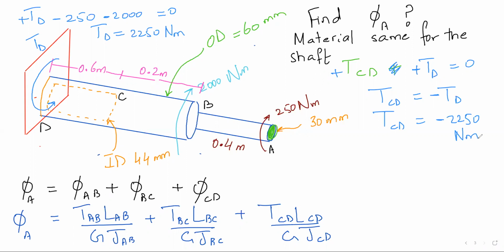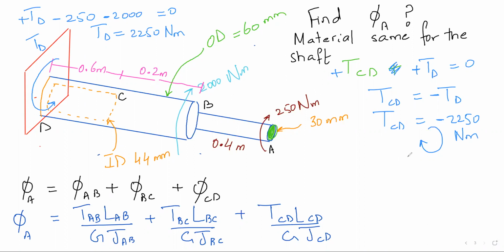So T_CD for me is coming clockwise. My notes say otherwise, by the way. If this whole thing is clockwise, the reaction will be anti-clockwise. So T_D is anti-clockwise, and when I cut this chunk and throw this away, yeah, this is correct.